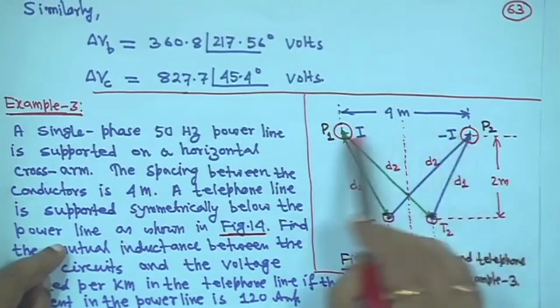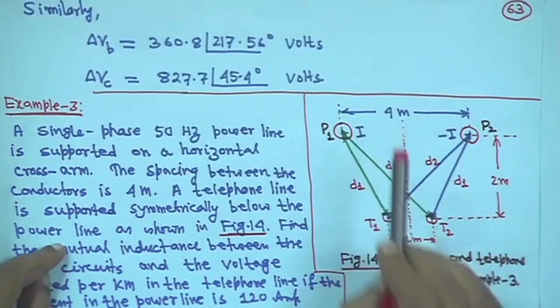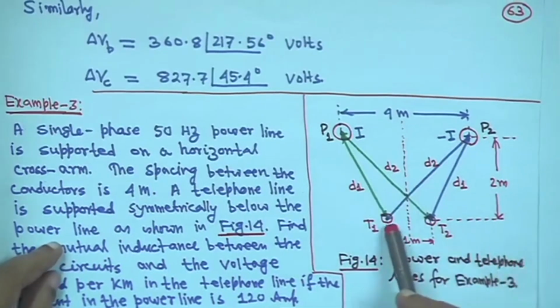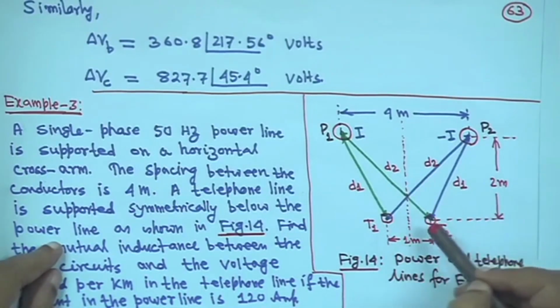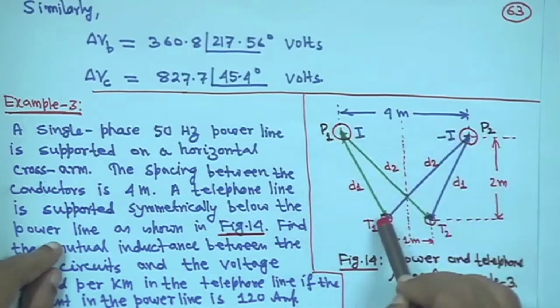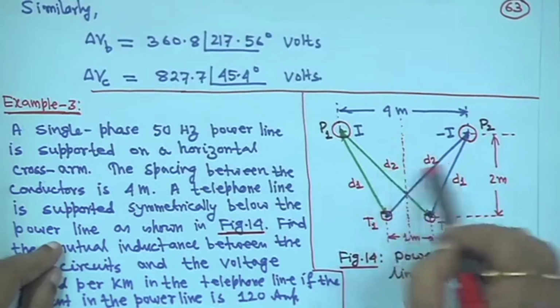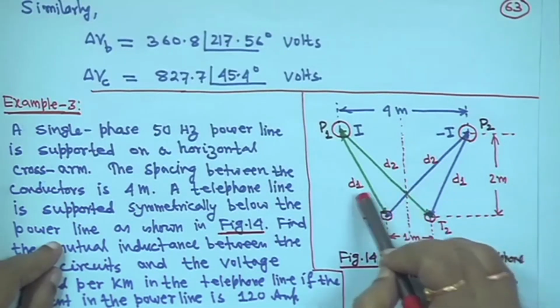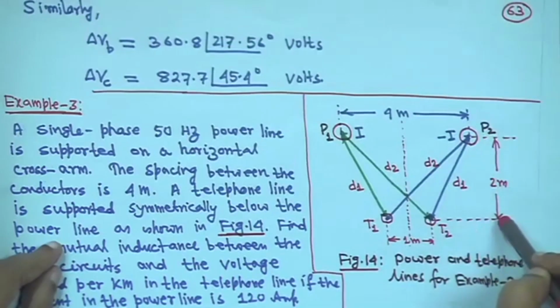So, between these 2 conductors P1 and P2 of the power line, the distance is 4 meter, right, and these 2 are nearby telephone lines, right. From this conductor the distance is D2, this is D1, and it is symmetrical. So, here also this is D2, this D2, they are the same. Similarly, this D1, they are the same, and from here to here the vertical distance is 2 meter.